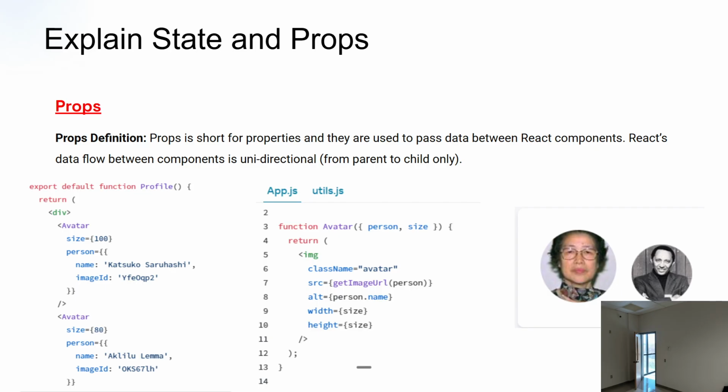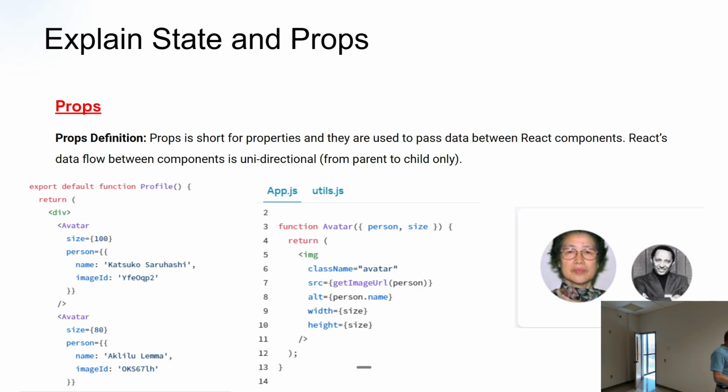Props is short for the word properties. It's how you send data from the parent down to the children. So when I say data, I mean you're sending your state from the parent down through the children.